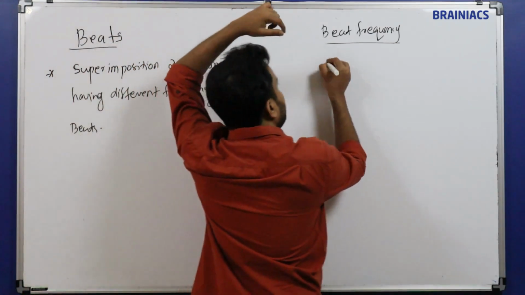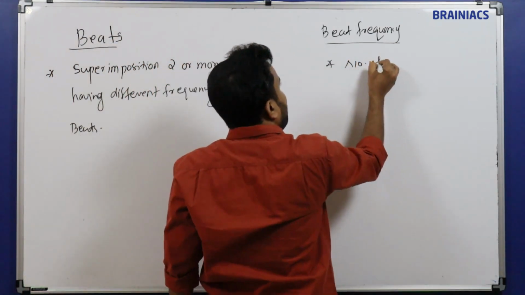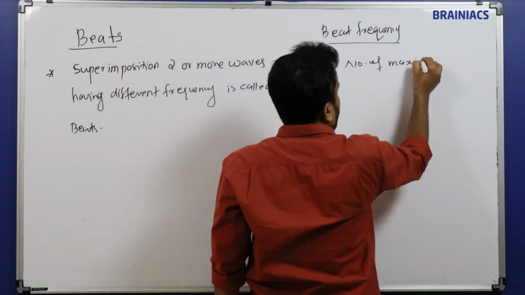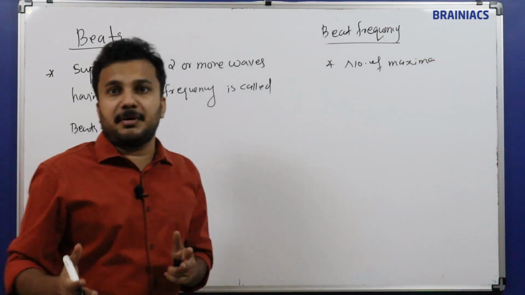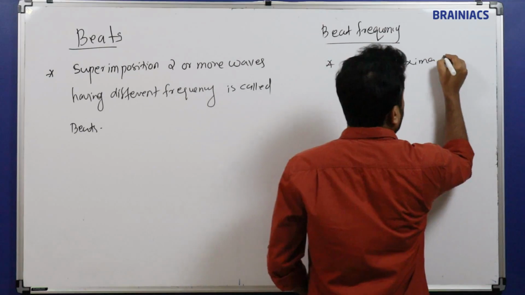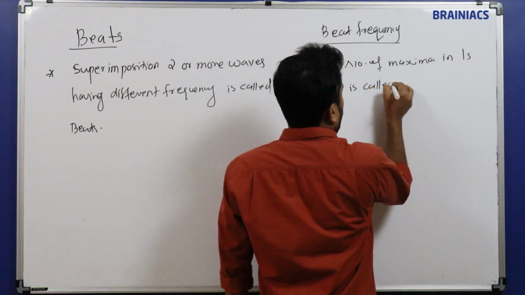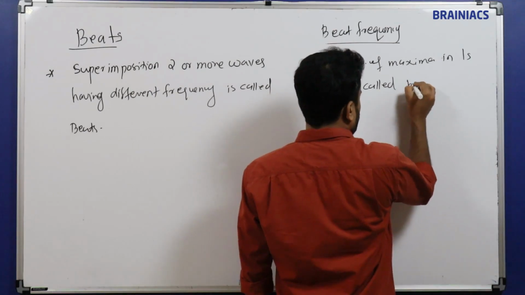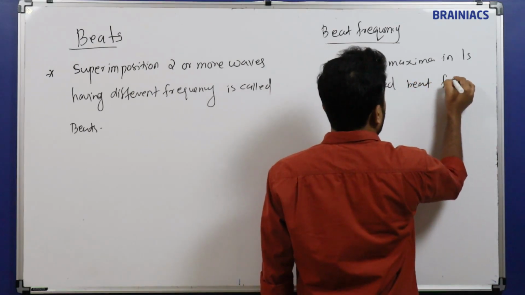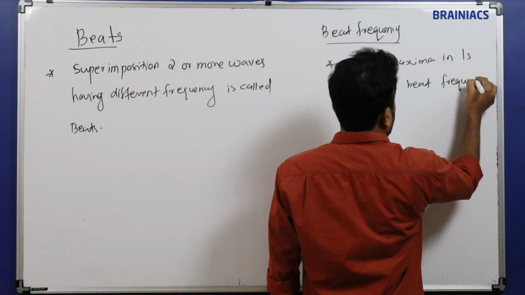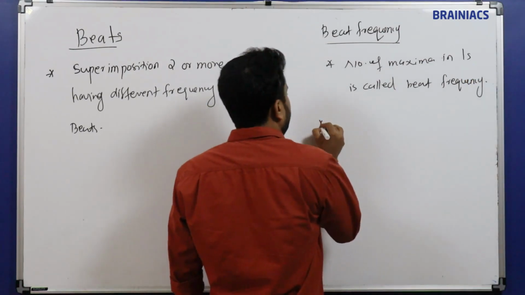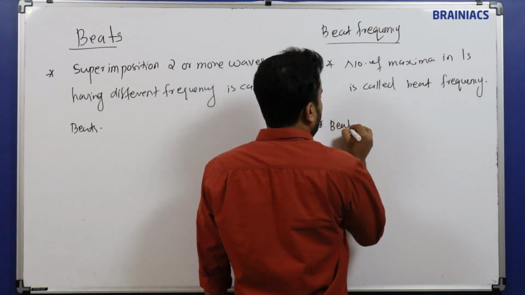What is beat frequency? Number of maxima, or number of minima minus 1. The number of maxima in 1 second is called beat frequency. Beat frequency has an equation and a unit.